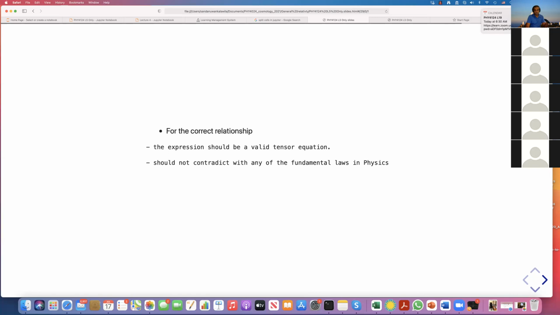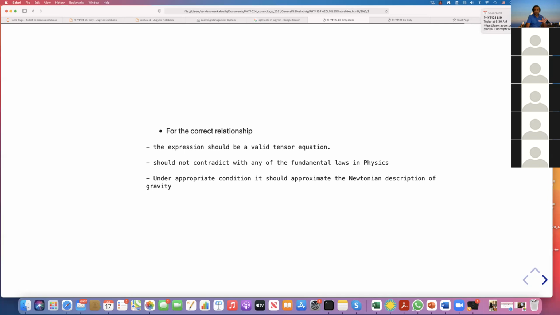And the other thing is, it should not contradict any of the fundamental laws of physics, right? So that is the second condition. And the third one is, under appropriate conditions, it should approximate the Newtonian description of gravity, right?